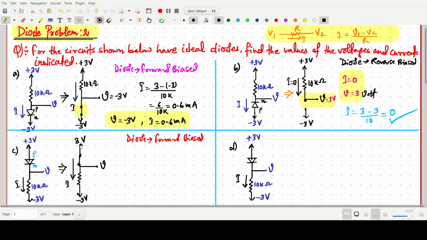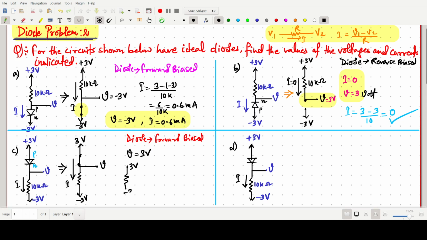So simply this one is 3 volt, and this is simply a wire, so this V will be simply 3 volt. Now this one is 3 volt and the below one is minus 3 volt and this one is 10 kilo ohm.